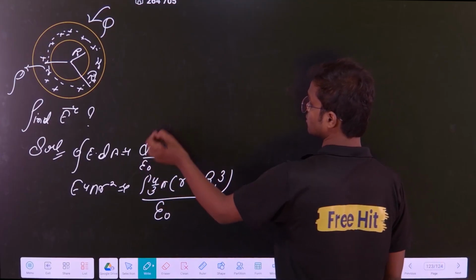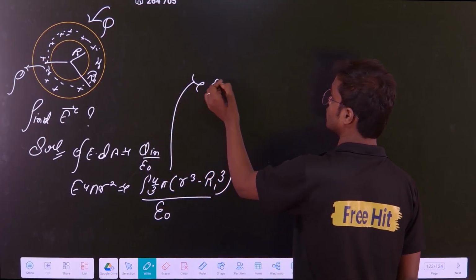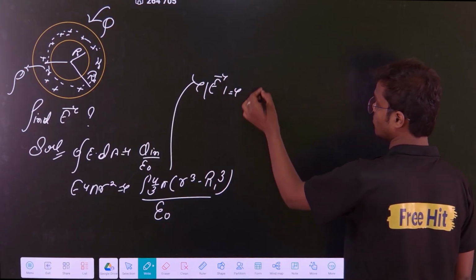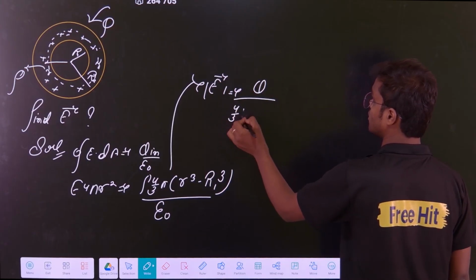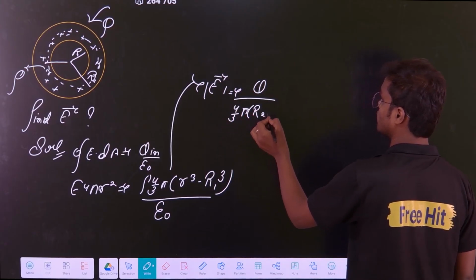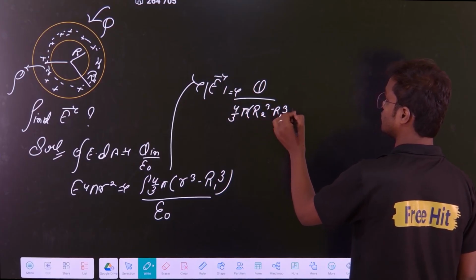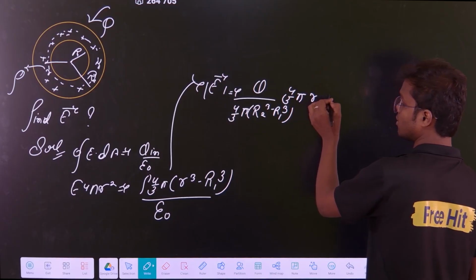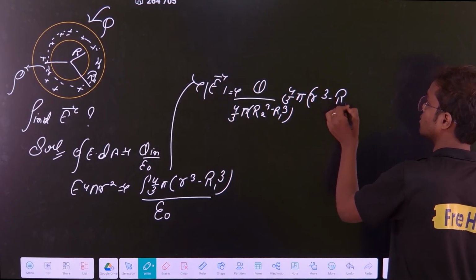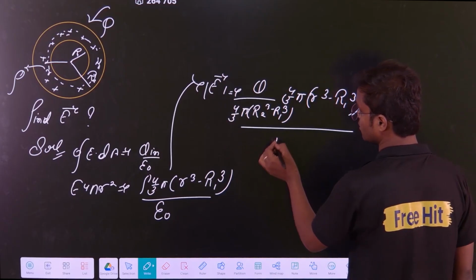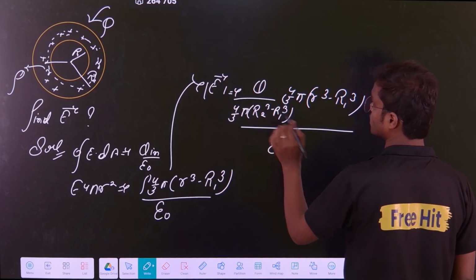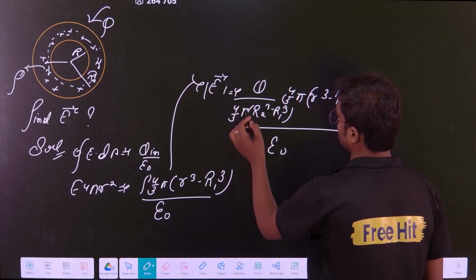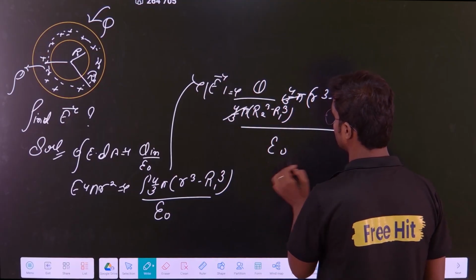Now you divide it. So what is the electric field you got? That is rho. What is rho value? First you tell me. That is Q upon R2 cube minus R1 cube. Correct, sir? 4 by 3 pi R cube minus R1 cube divided by epsilon naught. 4 by 3 pi R cube will cancel out, correct? So what is the value you will get?